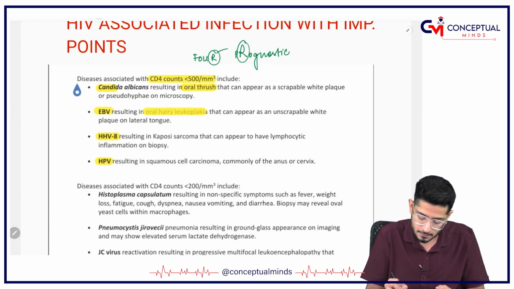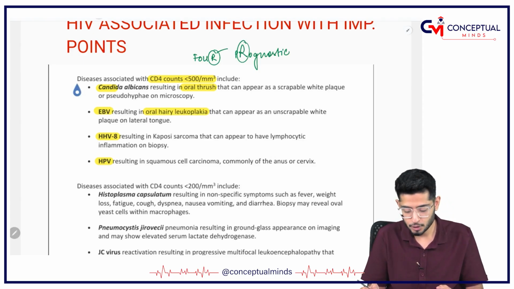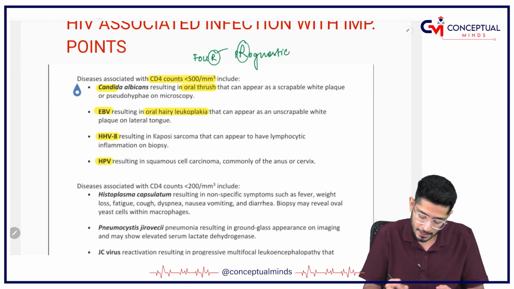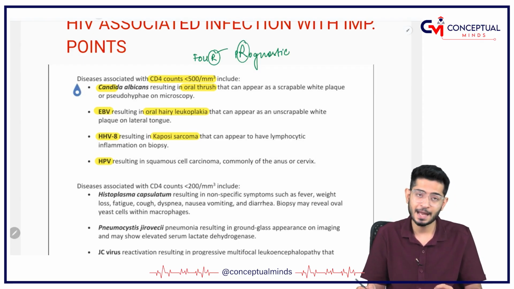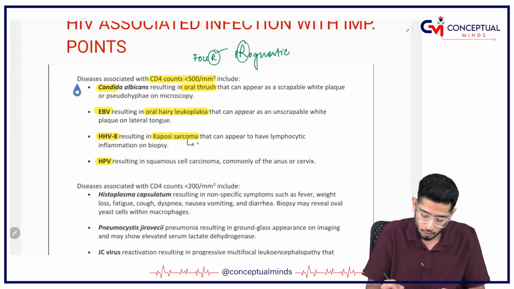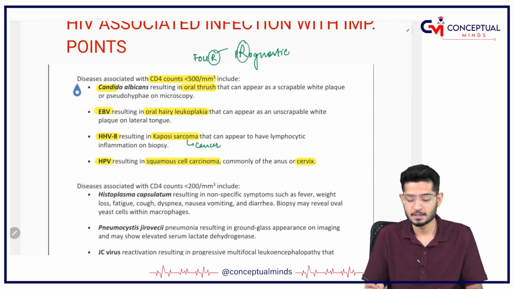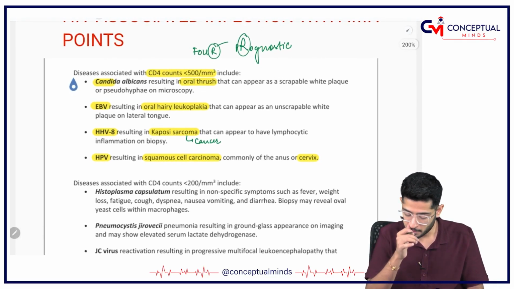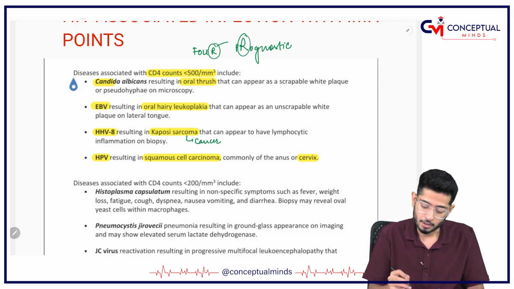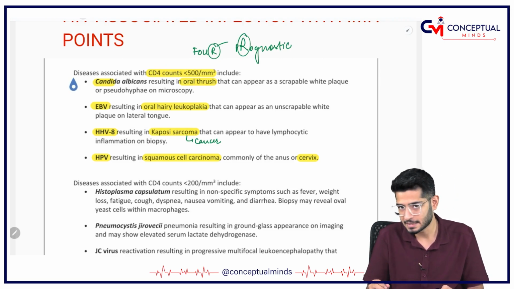EBV is responsible for oral hairy leukoplakia. HHV8 is responsible for causing a cancer called sarcoma. HPV, human papilloma virus, is responsible for causing squamous cell carcinoma over the cervix, right? So please remember that these are important if the CD4 count is less than 500.